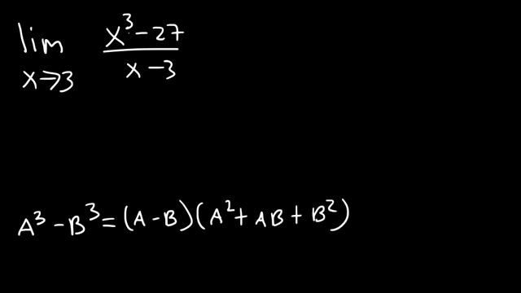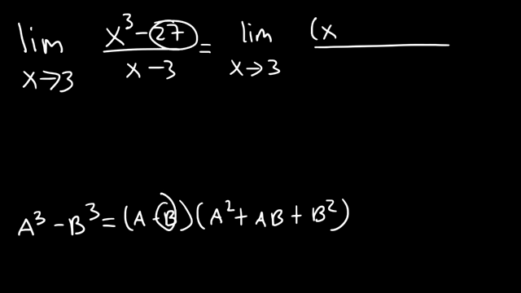In our example, a to the third is x to the third, and b to the third is 27. So a is the cube root of x cubed, which is x, and b is the cube root of 27, which is 3.